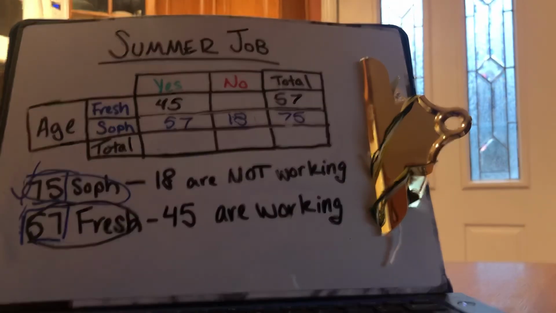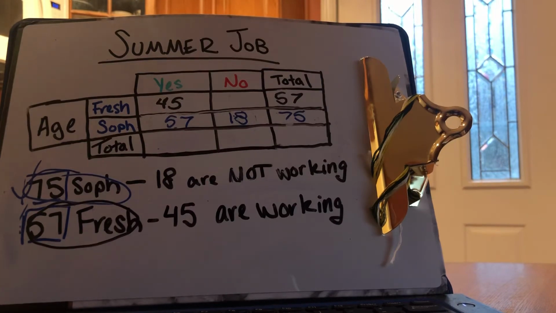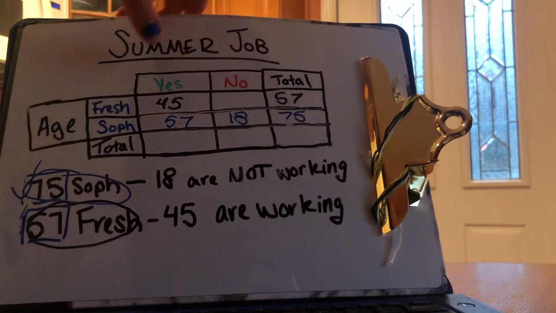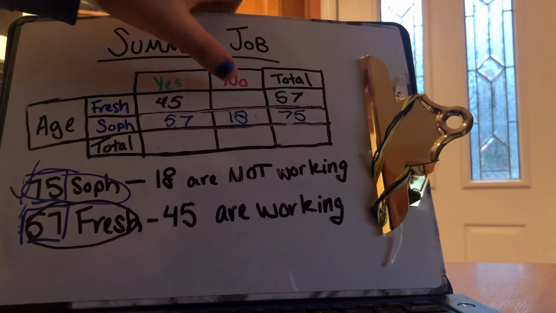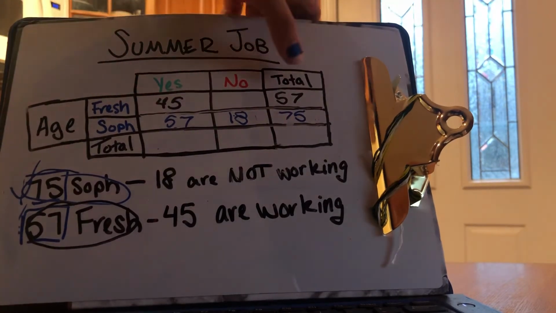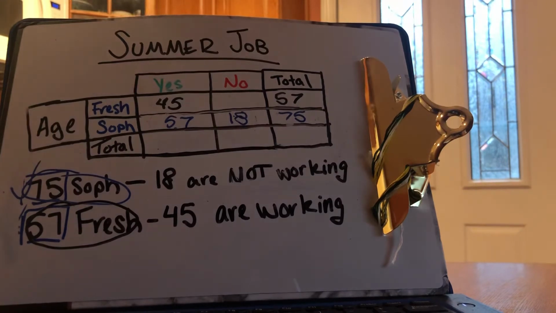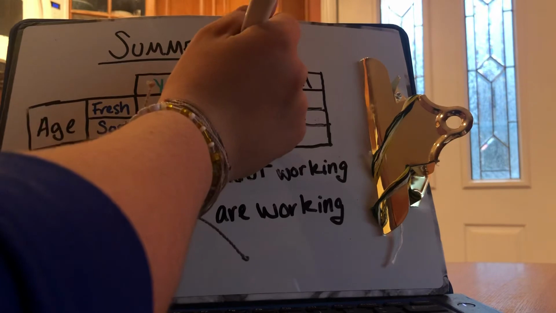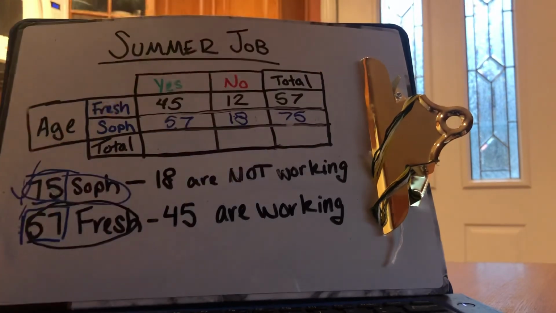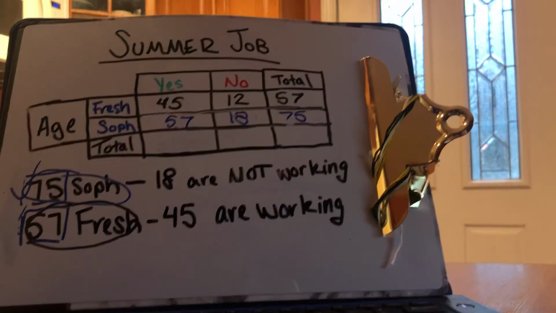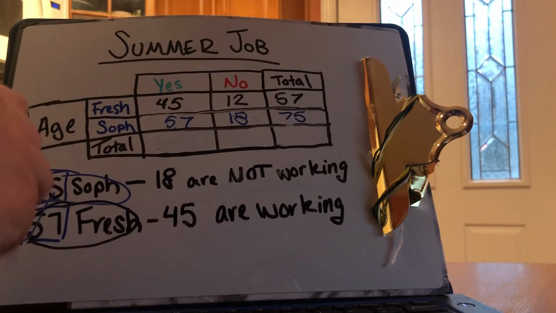Now, I'm going to do the same process we just did for the sophomores. So I'm given my total, and I'm given a piece of what makes the total. So to find this missing box, I have to subtract. So I'm going to go 57 minus 45, and that number will be 12. So 12 are not working for the freshman class. And we are done with that second bit. So we're done with all this stuff down here.